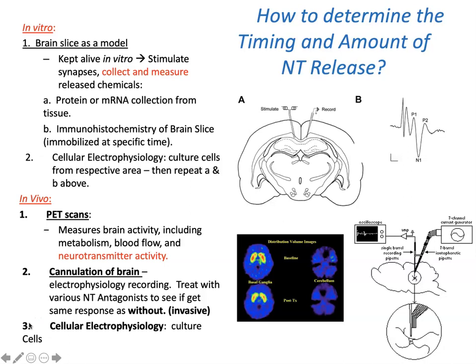And so we really have quite a few ways that we can approach studying the effect of the neurotransmitter on the postsynaptic cell. We can study the timing of the release of the neurotransmitter and how it affects the postsynaptic cell. We can study the amount of that neurotransmitter that is released and how it would affect the postsynaptic cell.